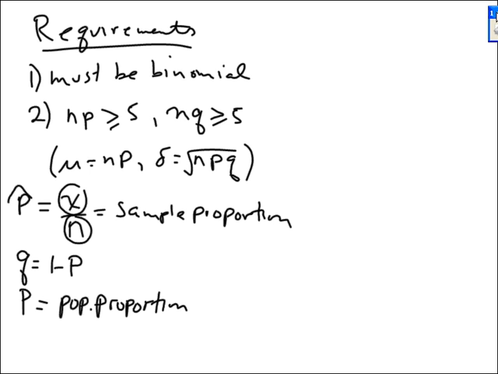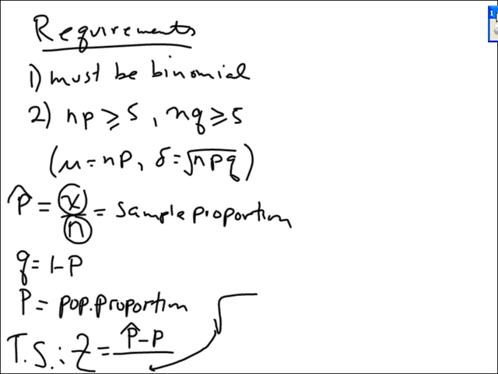And the most important thing is the test statistic, as I noted in the last video: P hat minus P, all over the square root of PQ over N. With that in hand, we're able to do some problems.